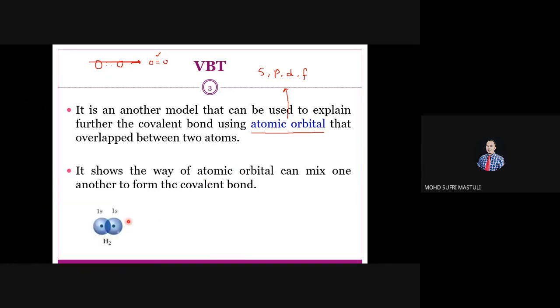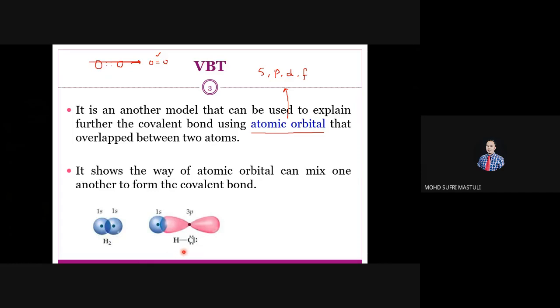So this is a few examples of the general or simplest bonding. We have hydrogen, H2, which is between 1s with 1s.